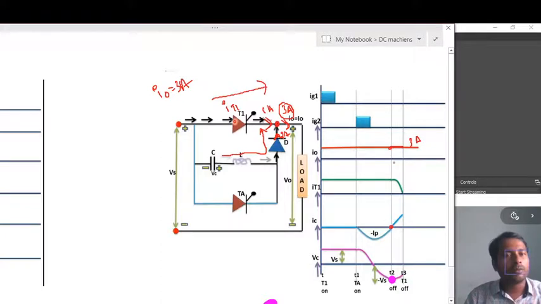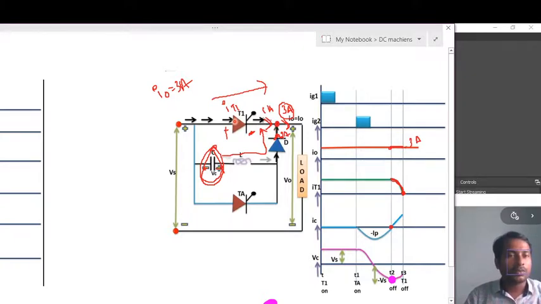The current through thyristor 1 will reduce in this way and decrease. After a certain point the current through thyristor 1 will decrease, and look at this one, this is the capacitor voltage, which is with this polarity, and negative is applied to the positive terminal, and positive is applied to the negative terminal of the main thyristor.